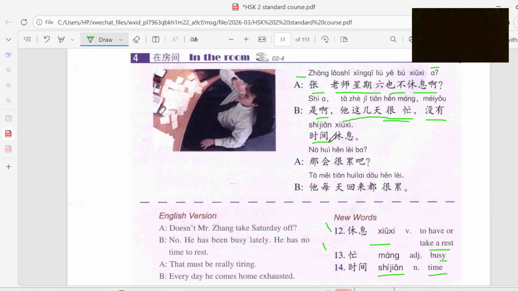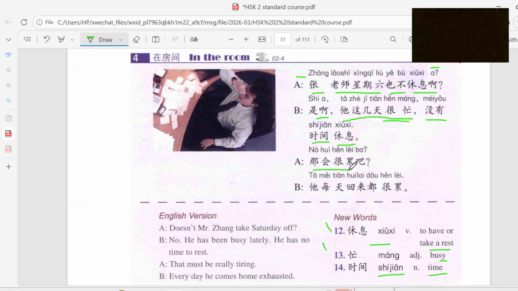But it's impolite, so don't just say I don't have time, just say 不好意思. We shall learn that. But in this case they're talking about him not having time to rest, that's why he doesn't take a Saturday off. 没有时间休息. Yes, 没有时间, I don't have time, let's say for useless things.